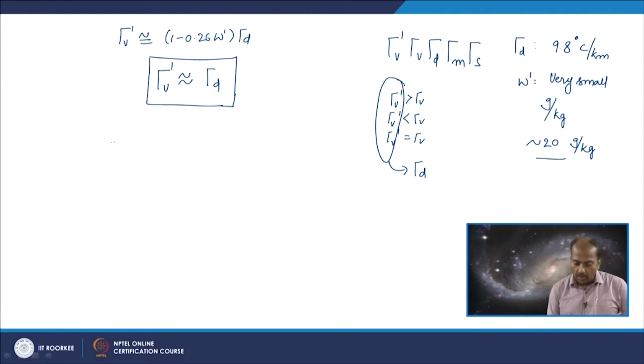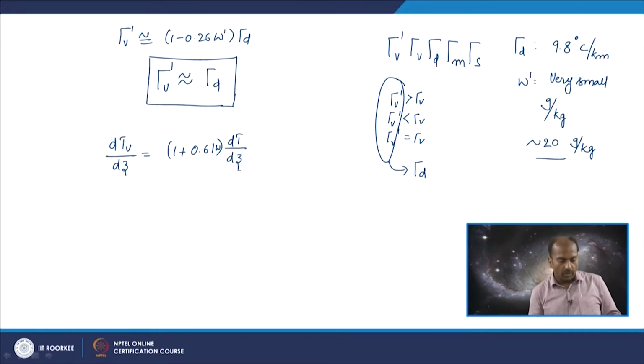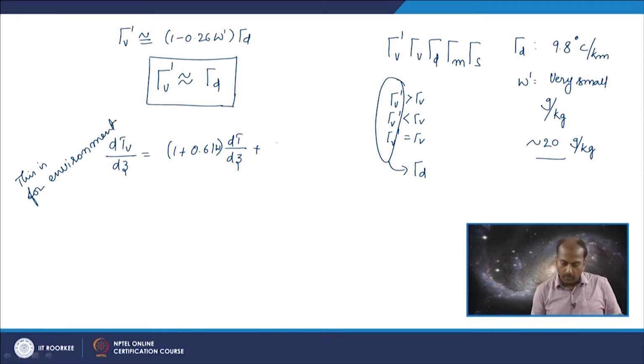So, for the environment, dV by dz is again 1 plus 0.61 times W times dT by dz, now we do not have any primed coordinates, plus 0.61 T dW by dz, right.